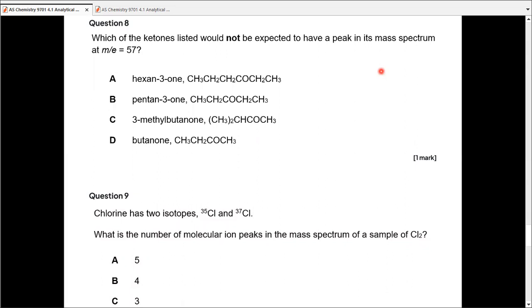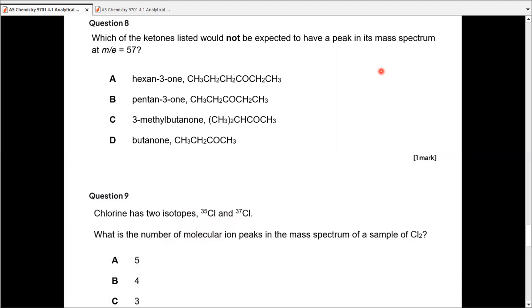We got 57. This should be easy. C. Repeat.